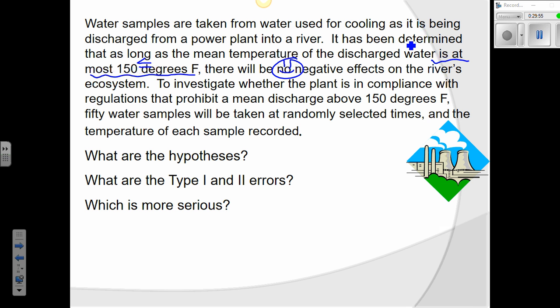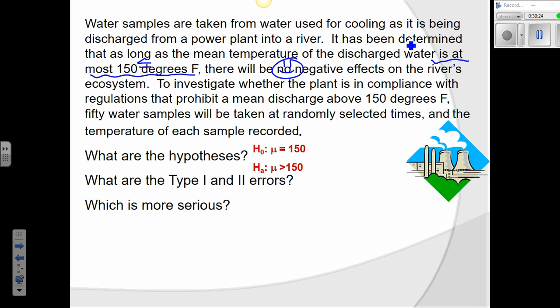To investigate whether the plant is in compliance with the regulations that prohibit a mean discharge above 150, 50 water samples will be taken at randomly selected times, and the temperature of each sample is recorded. So what are the hypotheses? H0 is equal to 150? Why do I not put less than or equal to for the null hypothesis?